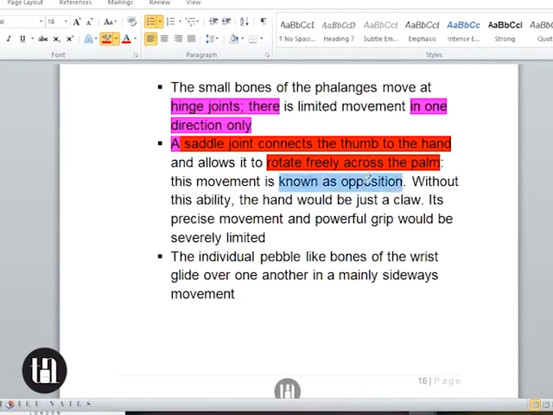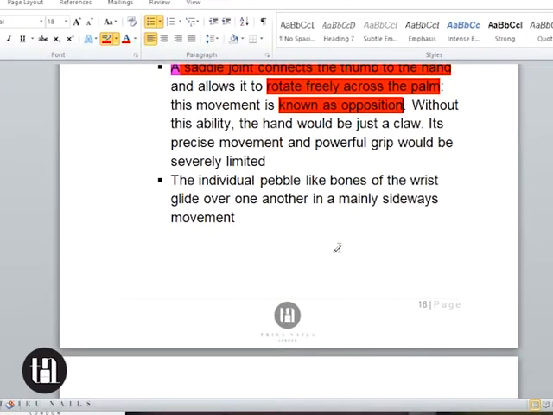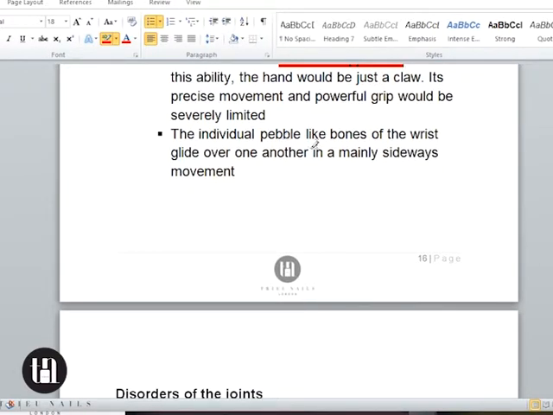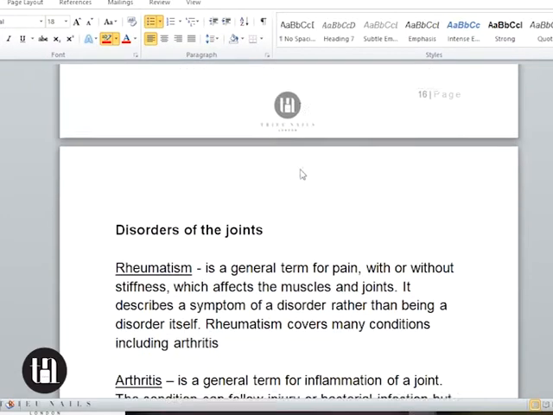This movement is known as opposition. Without this, our hands would just be a claw and we wouldn't be able to grip anything. Then there are the individual pebble-like bones of the wrist that glide over one another, mainly sideways.